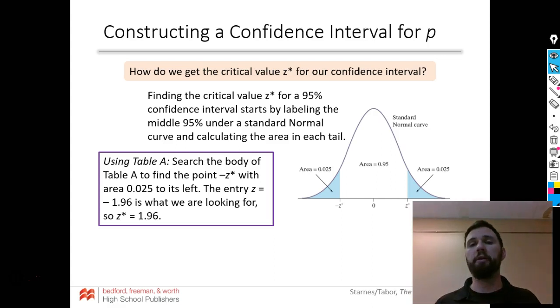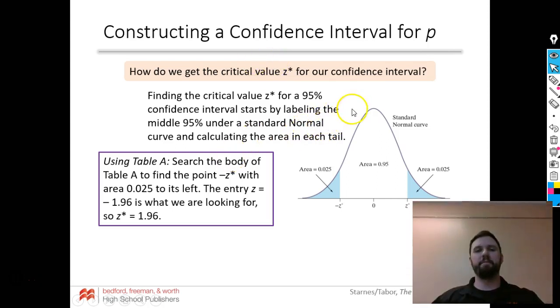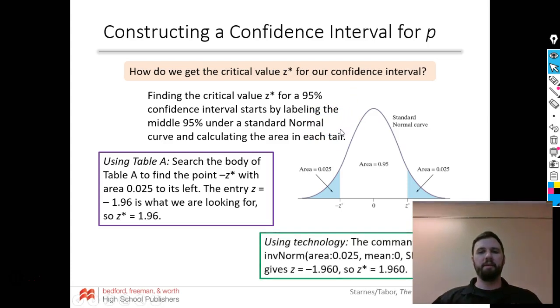Not 2. I know in AP Bio you use 2. But this isn't AP Bio anymore. We're going to use 1.96. We're going to be more accurate. Now, you could also use technology and inverse norm to find that. And if you do that, you'll get a slightly different answer.